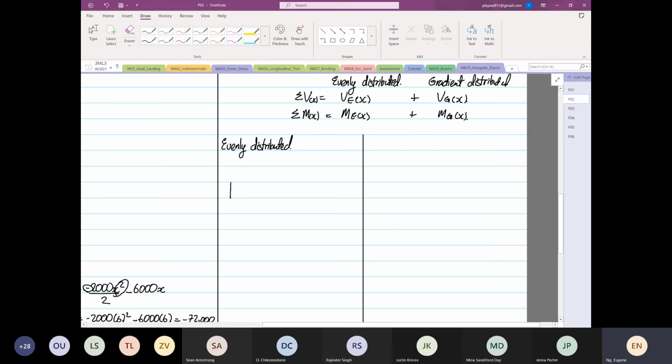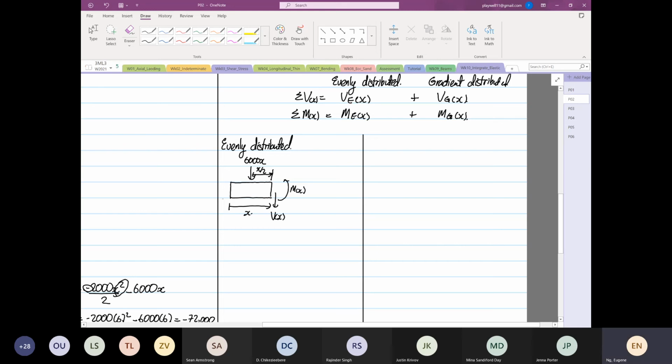So we have as a function of x, this over here is 6,000 x. The distance from here to here is x over 2. V as a function of x. M as a function of x.